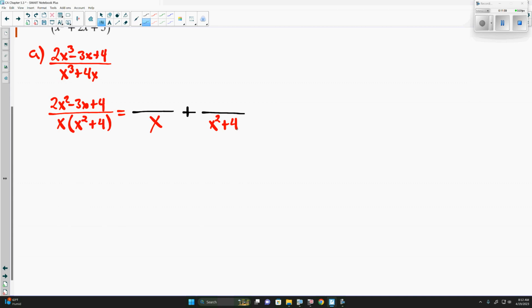Now for our first one, with x, the degree is 1, so it'll be the same as what we've done before. We'll call it A. However, what's the degree of the denominator of our second fraction? It is 2, yes? Which means the degree of the top isn't going to be 0 like the first one. It's now going to be 1.